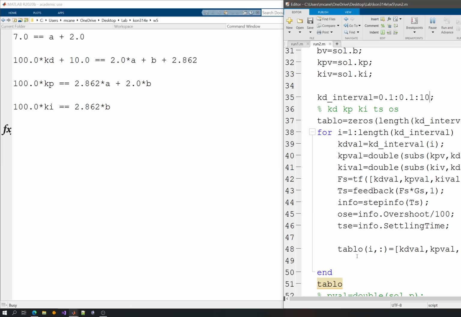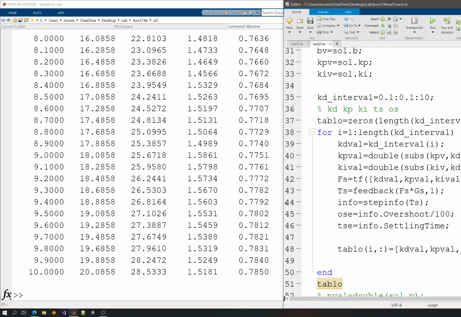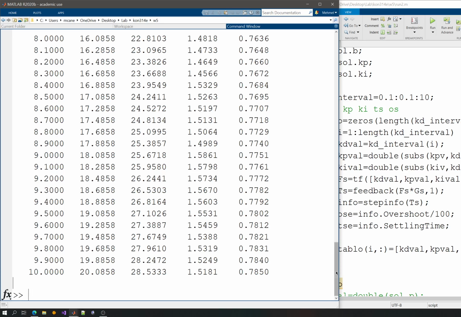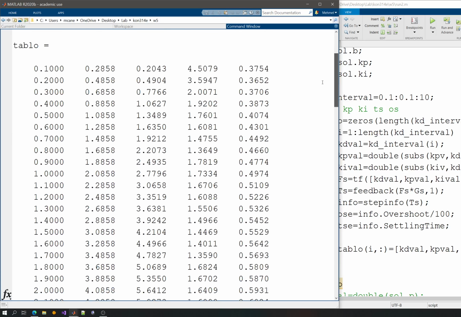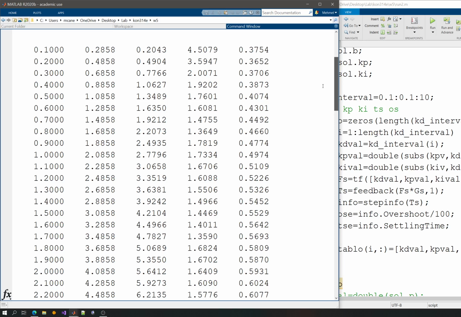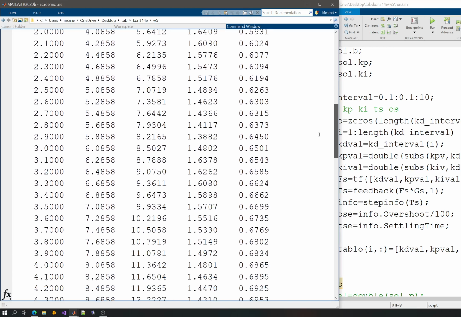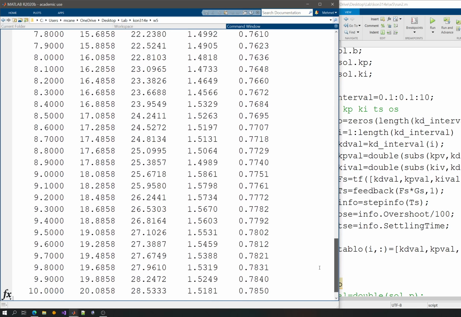You can also make it like that, or you can also adapt the code so that it will give you row by row, but that will take much more time. So letting Matlab do its job and then visualizing data is always faster. And you can see that my overshoot doesn't become that much better here, and it increases where my settling time decreases.